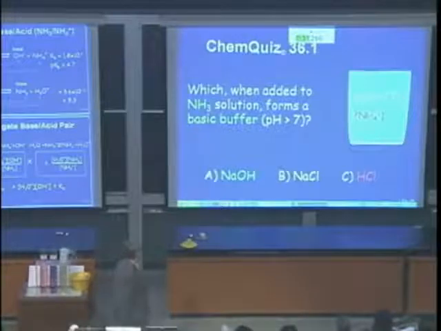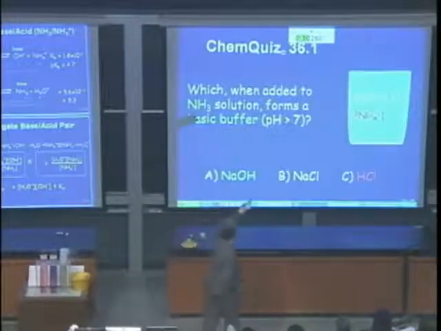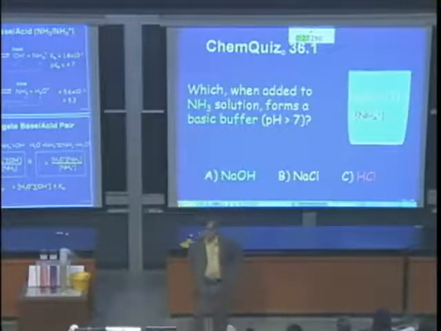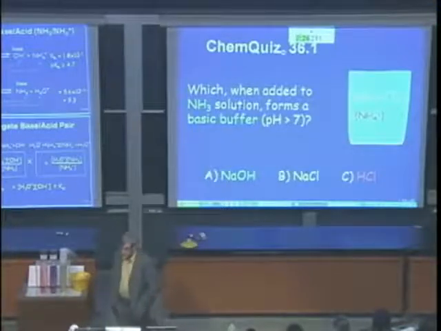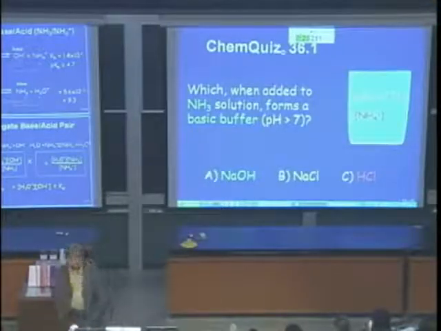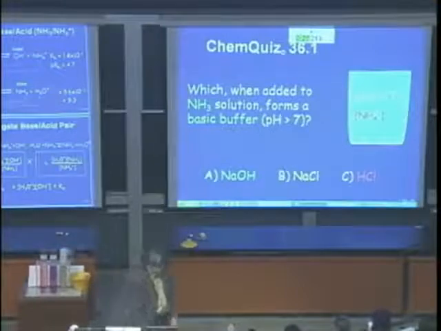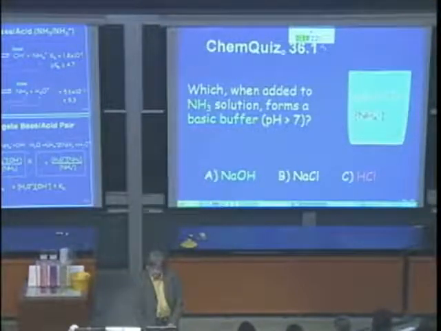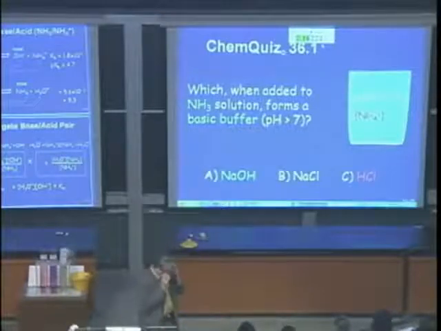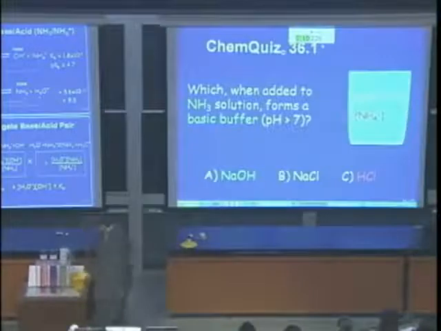So obviously ammonia is a weak, what is it? A weak base. So you mix a weak base and its conjugate. It's still fighting the buffer, you see that?